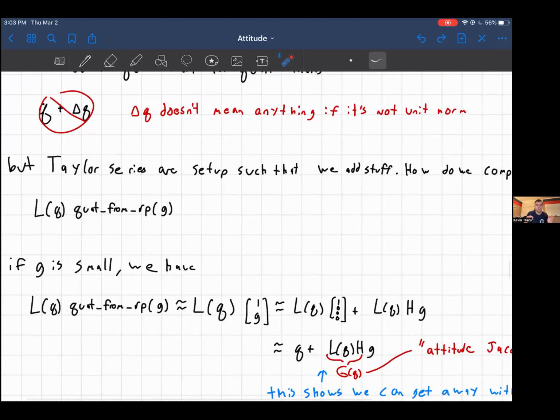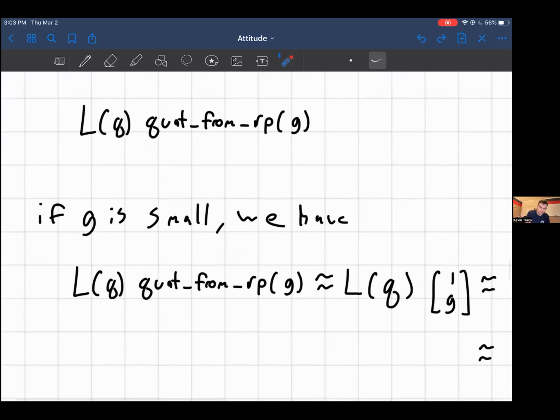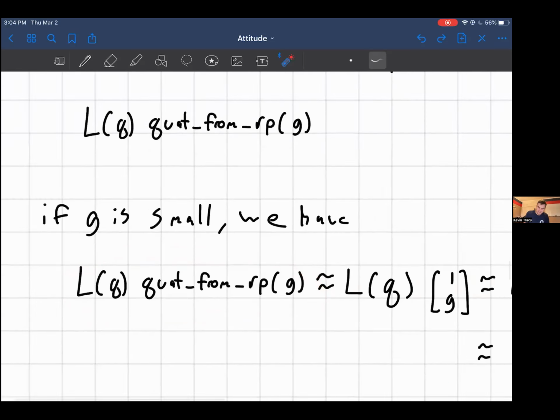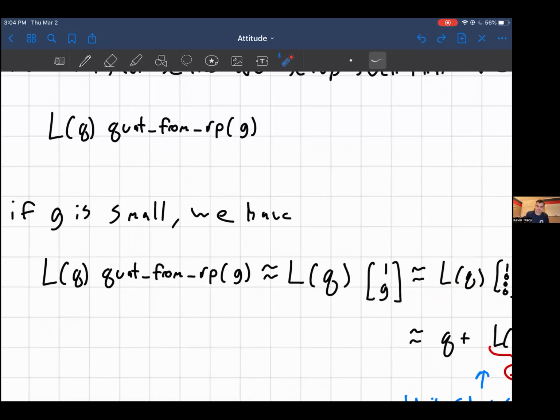So imagine my delta is small. Before I had delta x, now I have g, this is my delta. If g is small, when I do this update, which is quaternion multiplication of q times this quaternion that comes from this small rotation g, for very small g's, this is approximately doing this.